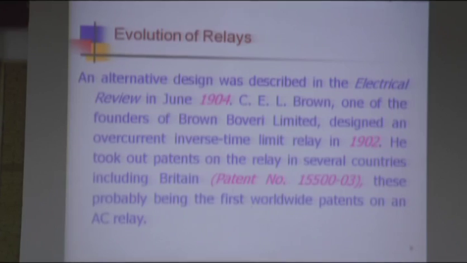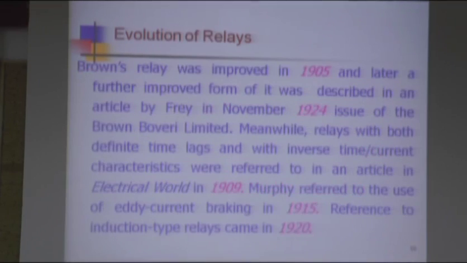So this was the development of relays. Why Brown Boveri, why Boveri is used, and why Murphy are used? These are used because they were the early scientists who worked in the area.